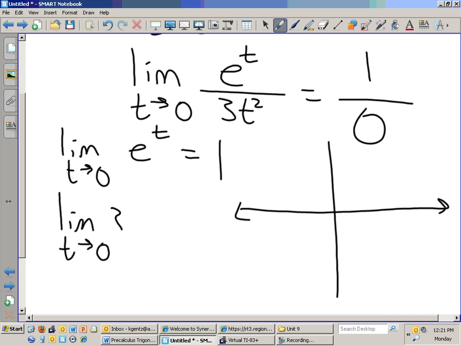At the bottom we have 3t squared. You can see that is approaching 0. If you actually look at the graphs, we have this 3t squared is this parabola going up. And then we have this e to the t, which looks like this.